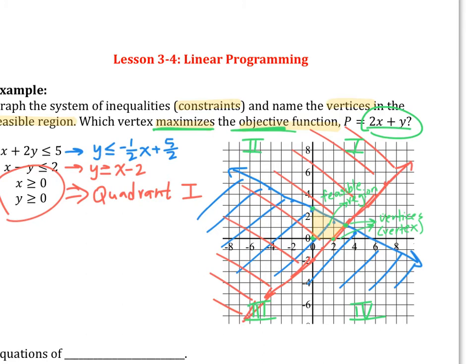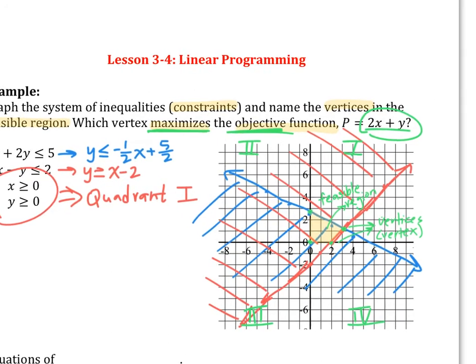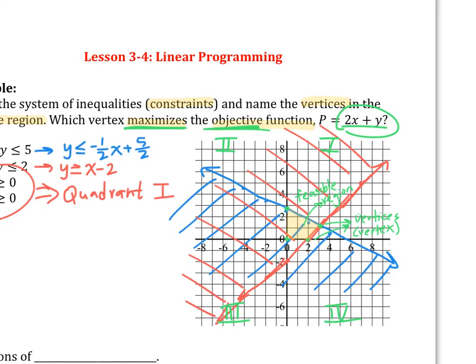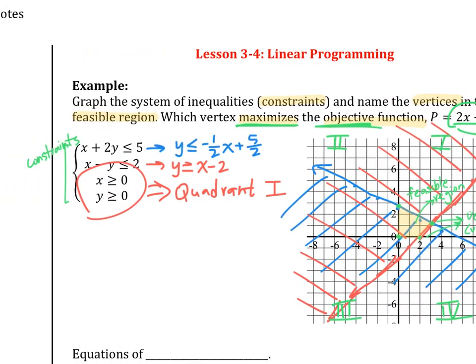All right, let's go ahead and solve this problem. So what's going to maximize the objective function, 2x plus y? Well, everything in this feasible region works because it fits all the constraints. But not every combination will give you the maximum, right? Because maximum usually means there is only one pair of x and y that's going to give you the biggest number ever.